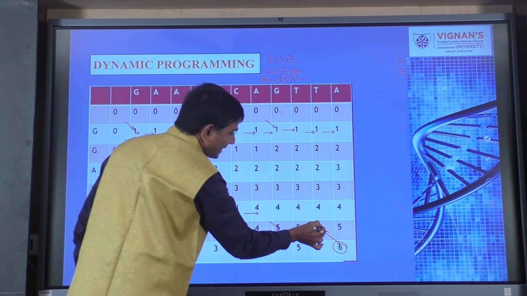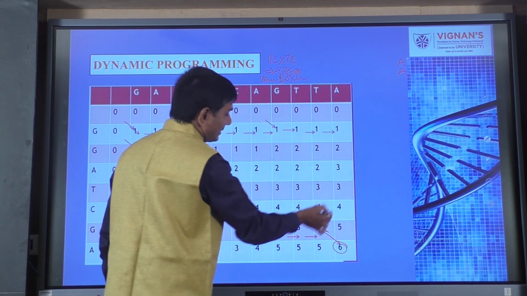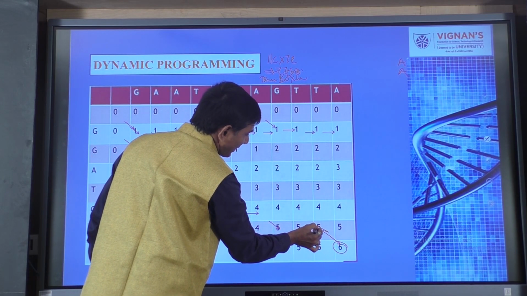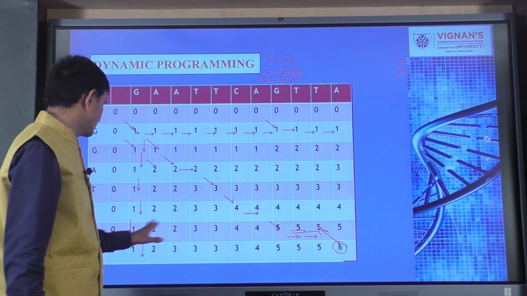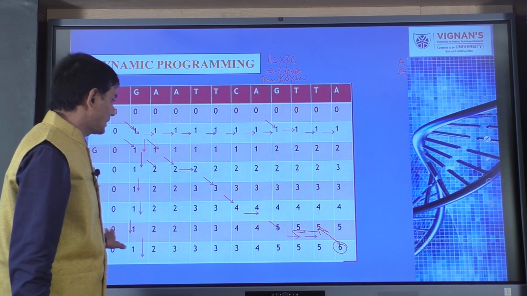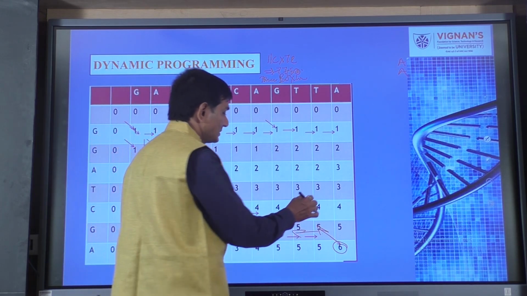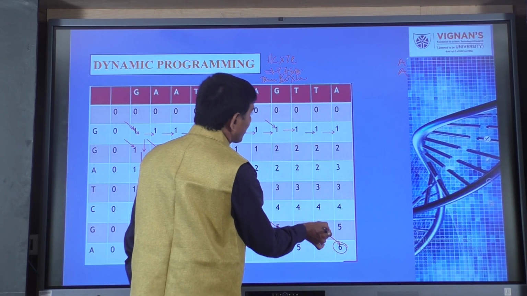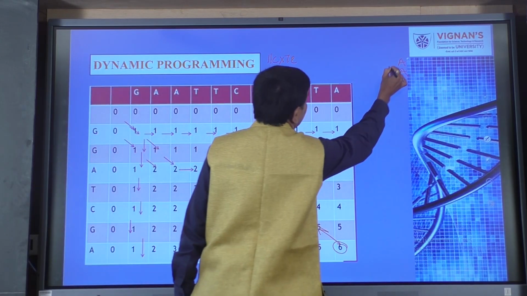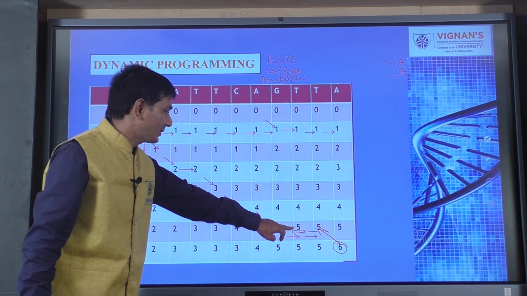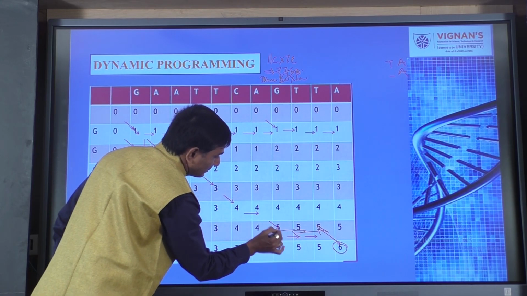So, for this particular cell, row coordinate is G and column coordinate is T. This particular value of 5 is obtained in the horizontal direction, that is change in column, which implies that there is no change in row, but change in column is seen. So, for this cell the column coordinate is T, whereas the row coordinate is G. Coming to this cell, this value of 5 is obtained again from change in the column, right.